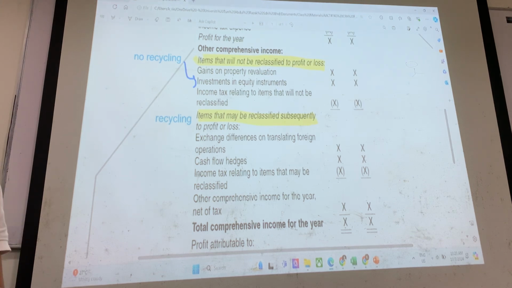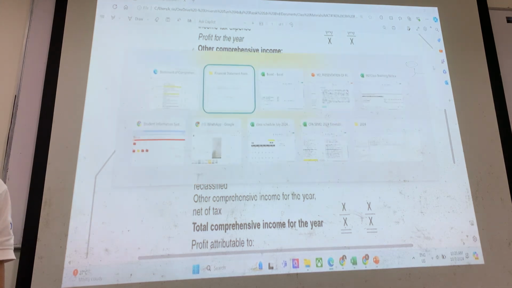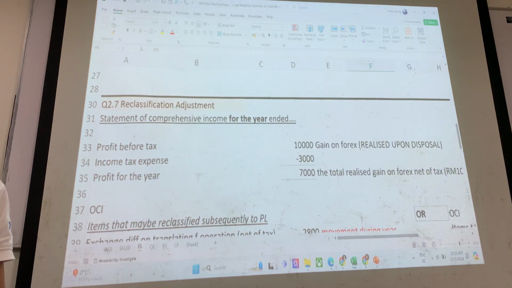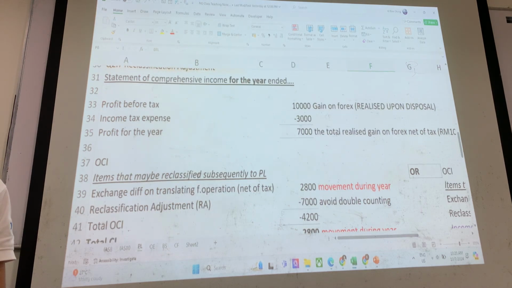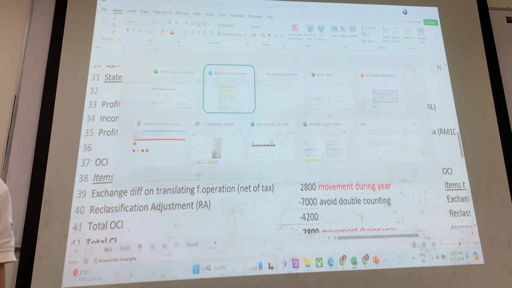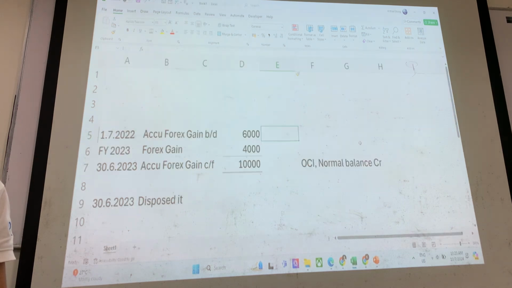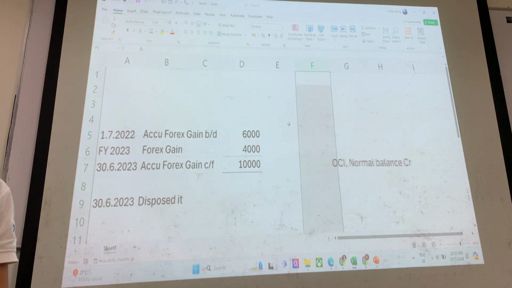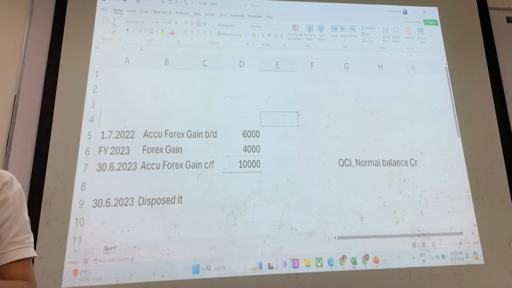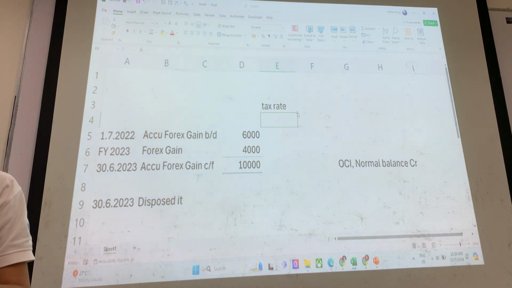So how to do net of tax? We are assuming that the tax rate is 30%. Okay, so if the tax rate is 30%, you can do it even slower. So we have a tax rate of 30%.